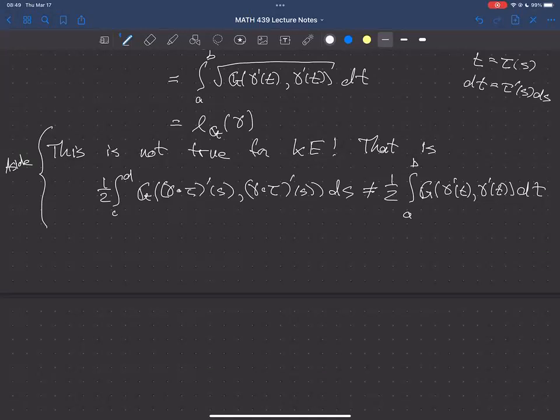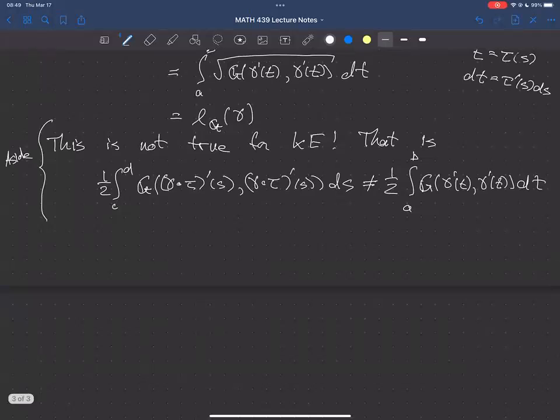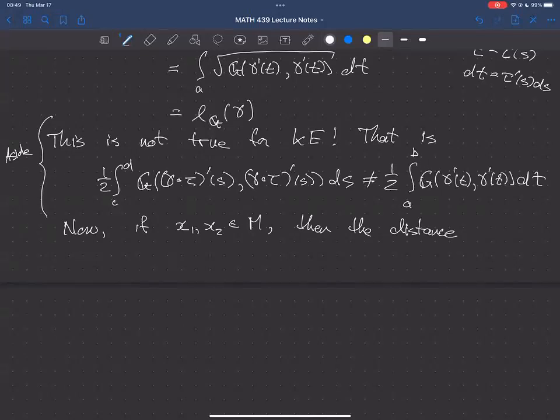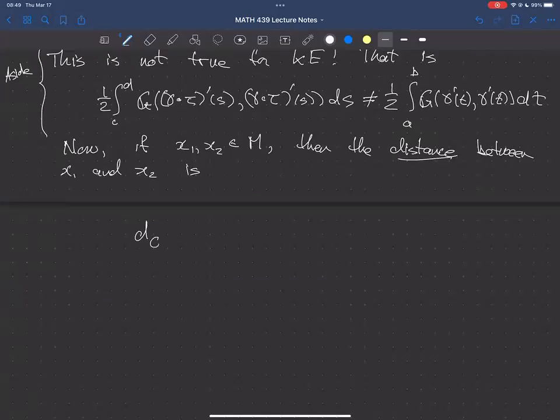Okay, so now what we want to do is define the distance between two points, say x1 and x2 in M. The distance between x1 and x2 is d sub g of x1 and x2.